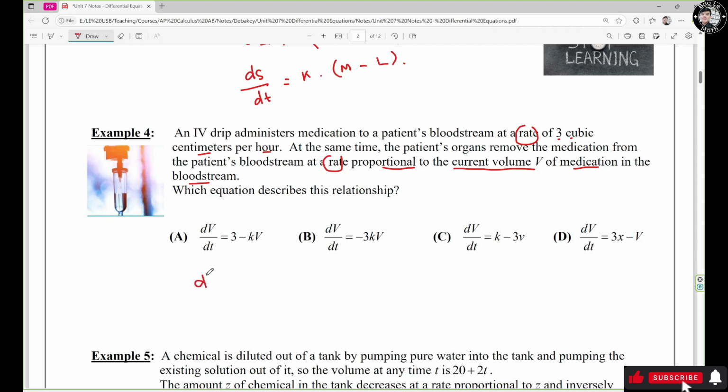We have dV over dt equals, at a rate of 3 cubic centimeters per hour, so it could be 3. At the same time, the patient's organs remove the medication, which means subtract, from the patient's bloodstream at a rate proportional, so it could be k times the current volume, which means V. So the answer must be A.